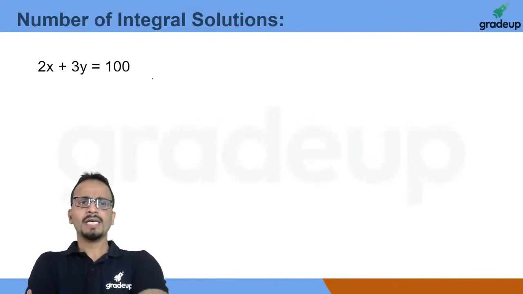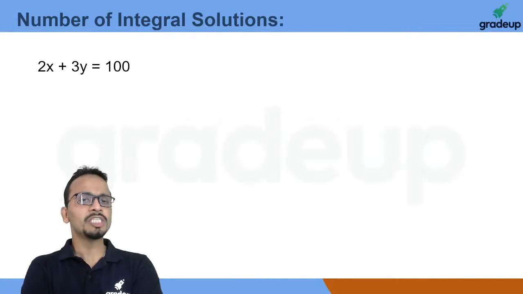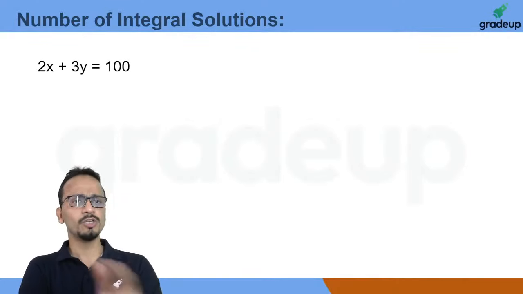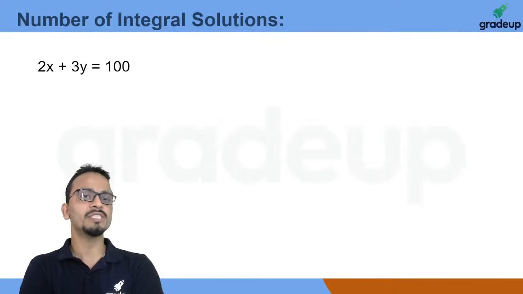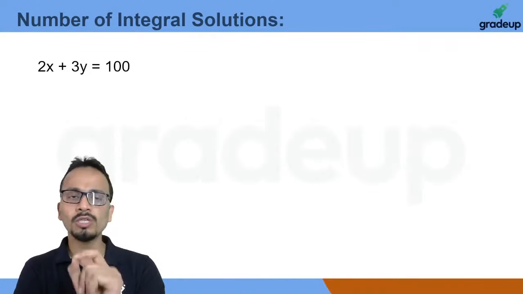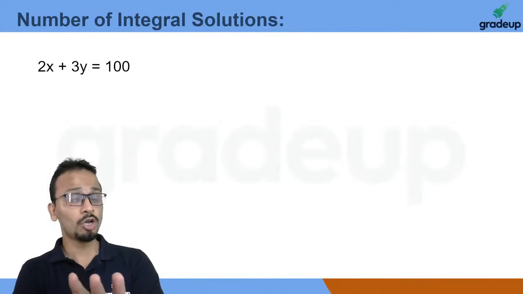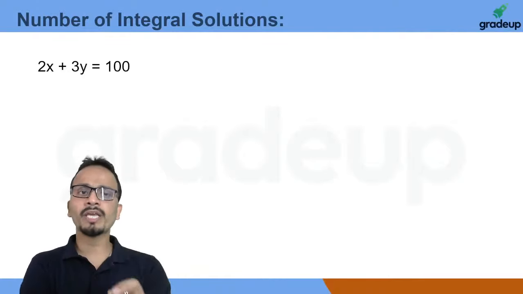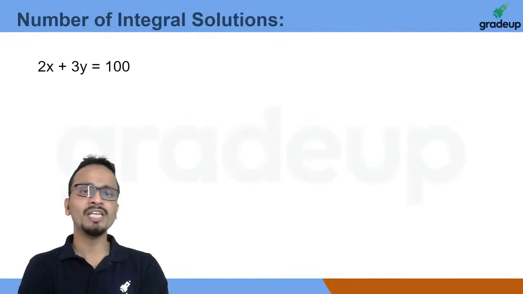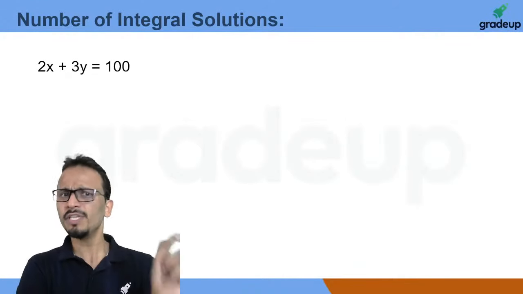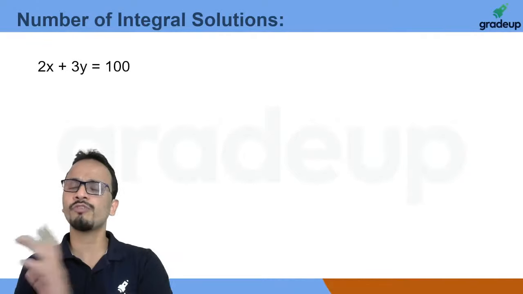Obviously, if only one equation in two variables is given to us, as I've also discussed in previous sessions, and I talk about the total number of solutions, not only the integral solutions, but any random value of x and y that will satisfy this equation, then obviously there will be an infinite number of solutions for this equation.